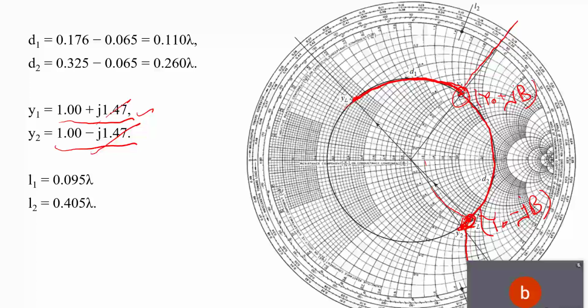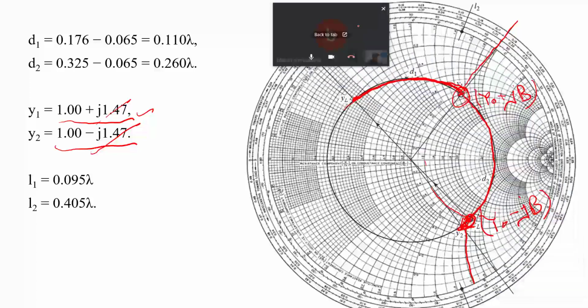Here you can see that b, that is my 1.47, can be nullified once you add the value of reactance here. So 1.47 comes across this length, so this is the length of the tuner. Here you can find the value of length L1.